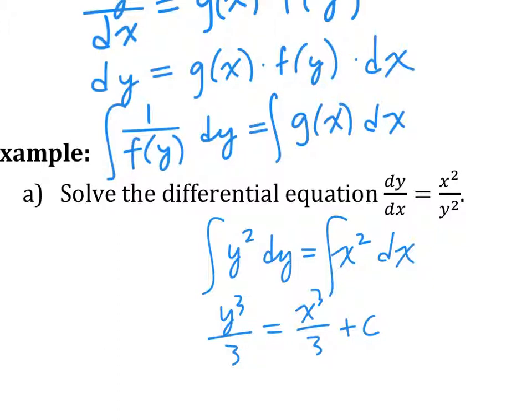The reason we're doing this is that y has some x in there. Kind of like when we did implicit differentiation, there was some x in y, so we're trying to separate it so then we can solve it.